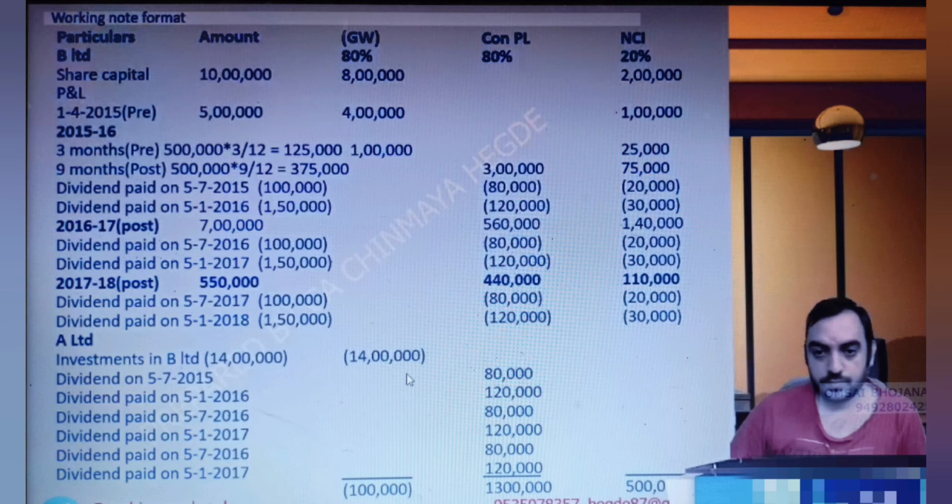Once you're done, we'll again apply the same treatment with respect to the NCI column and CONPL column.